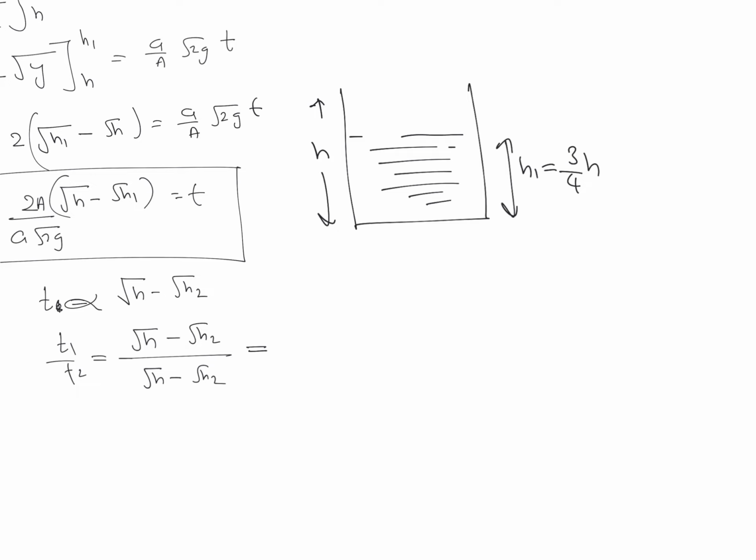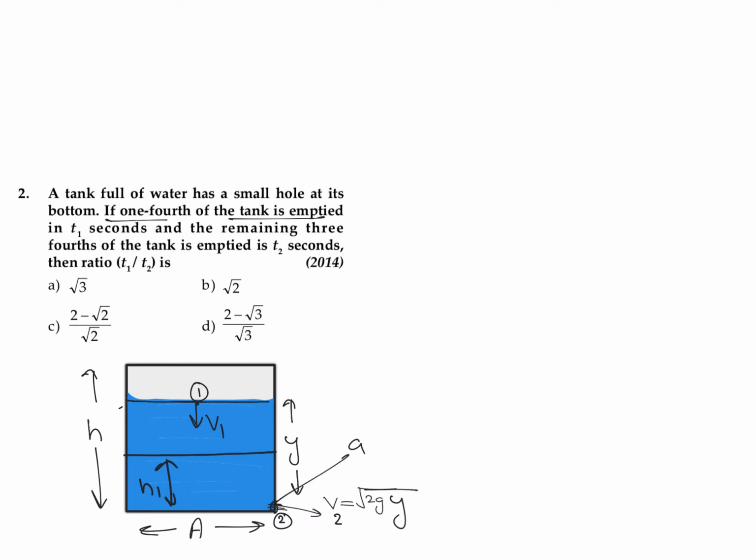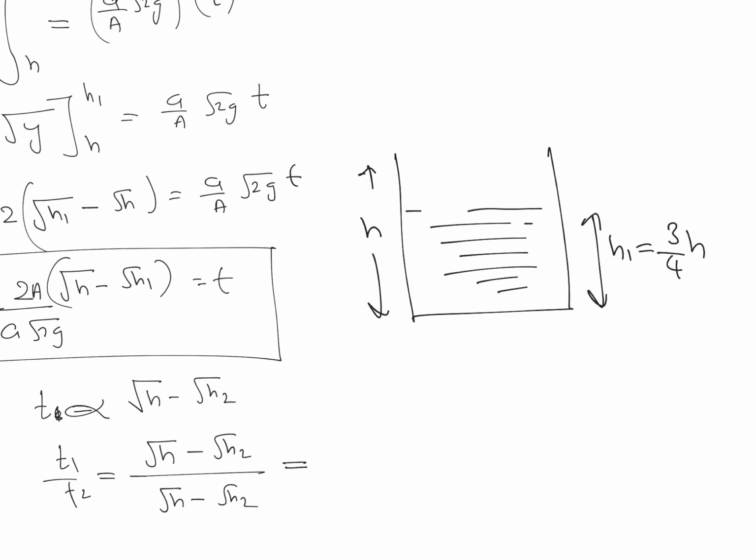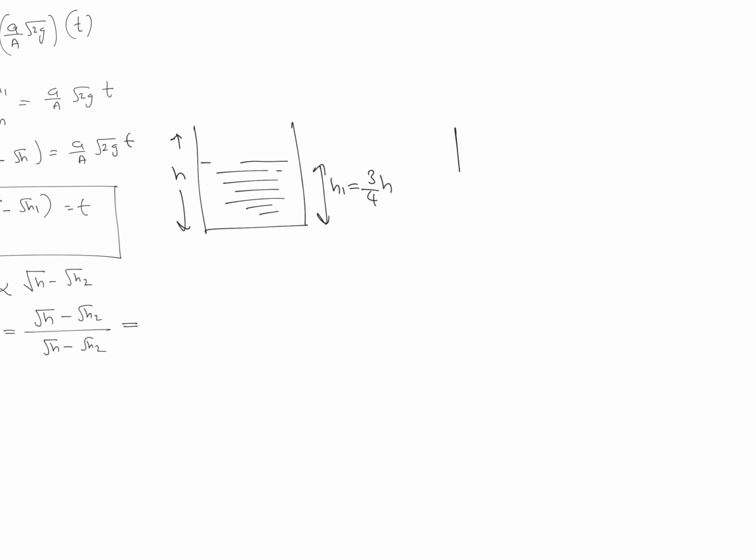And in the second situation, in time t2, it is given that the remaining 3/4 of the tank is emptied. So in the second situation, we are assuming that the initial height was 3h divided by 4, and final height h2 becomes equal to 0.